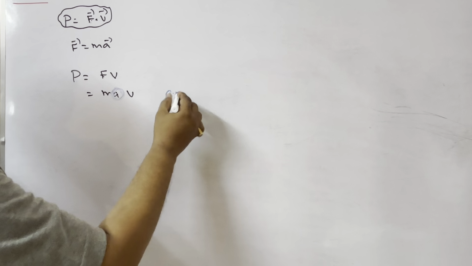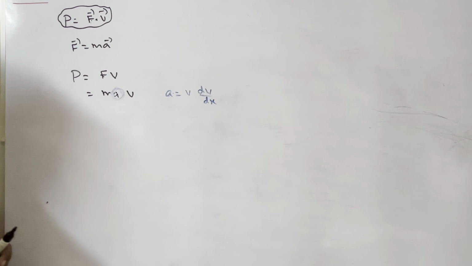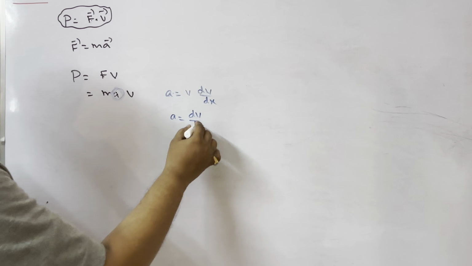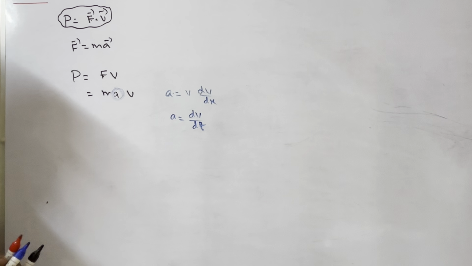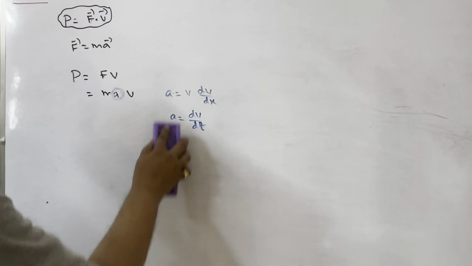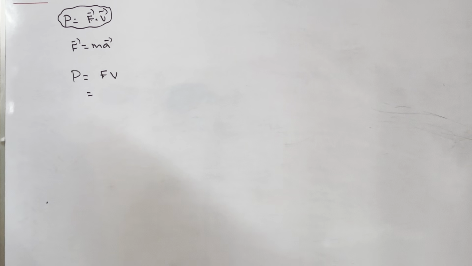A is equal to V into dV by dx. This is one acceleration. Another one is A is equal to dV by dt, the rate of change of velocity. Correct? One acceleration is dV by dt. Another acceleration is V dV by dx.